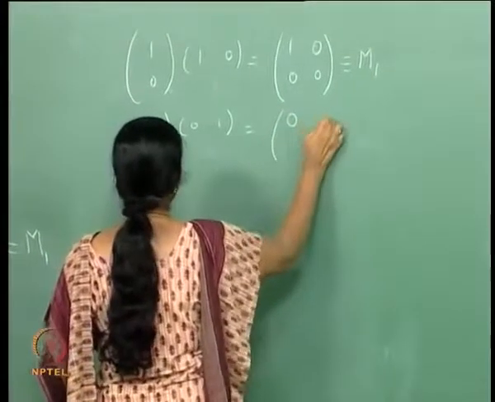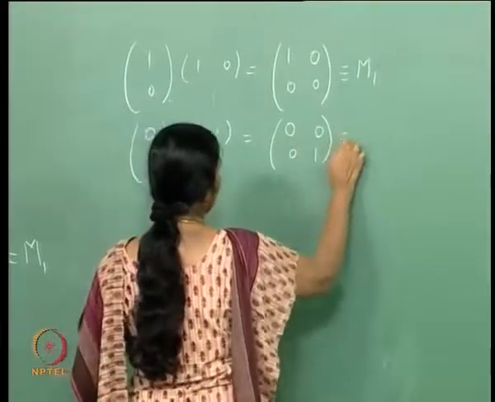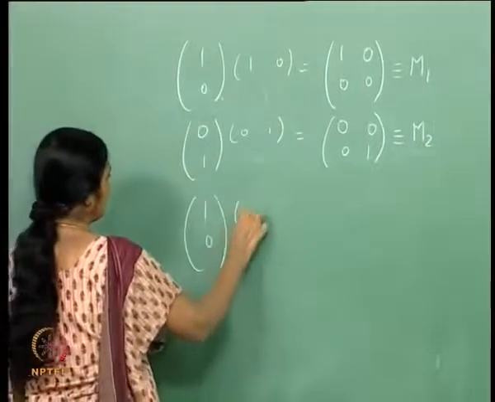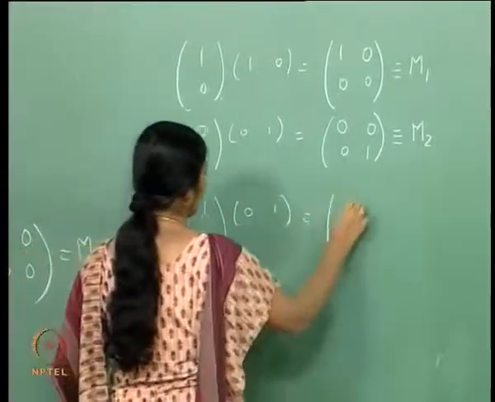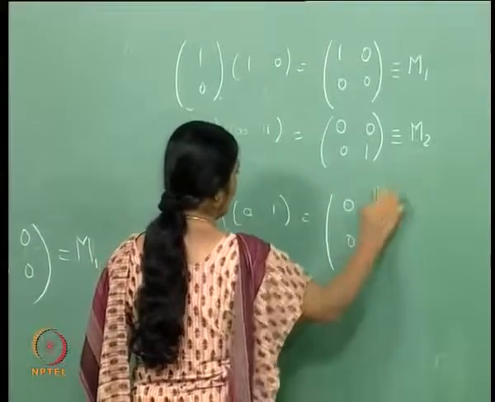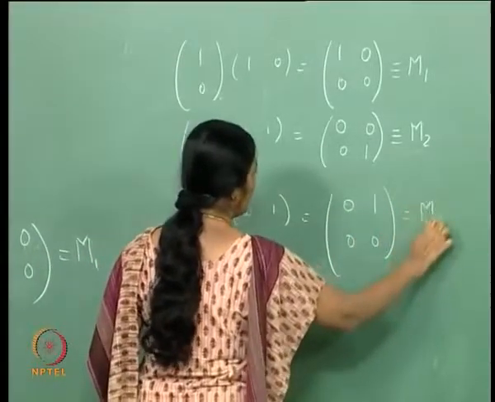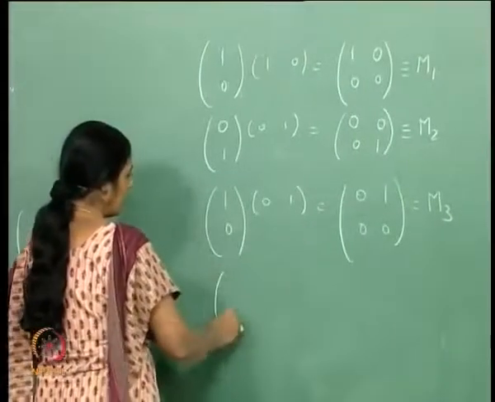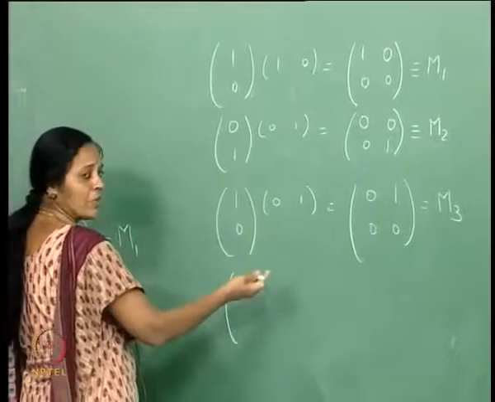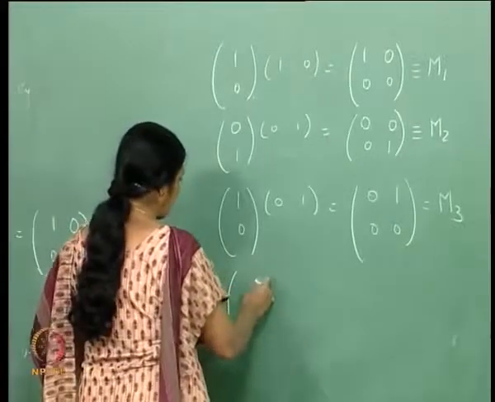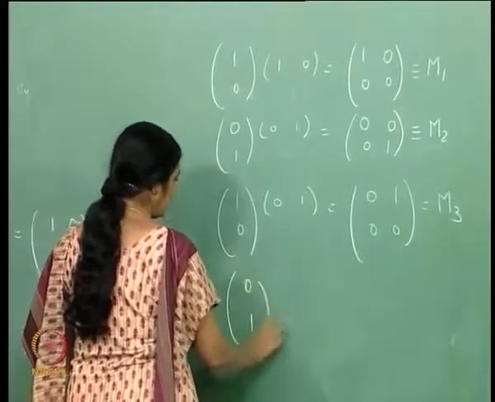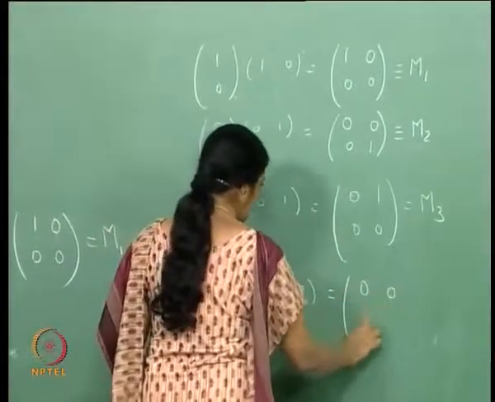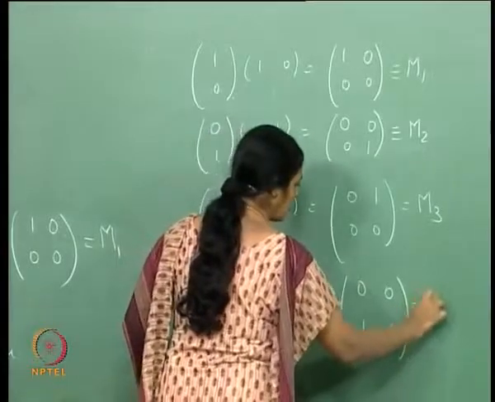This is M2. Then I can have this. This is M3. I am just working with the basis states, nothing more. But it is clear that I can form several combinations and make many matrices out of these. And that is M4.